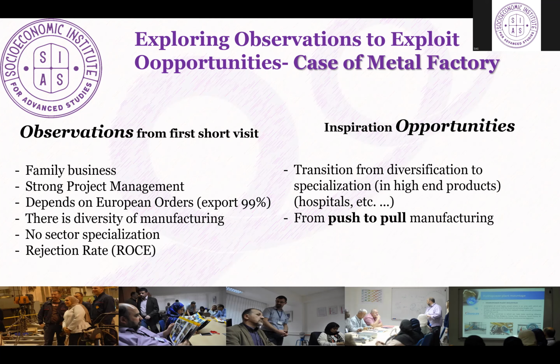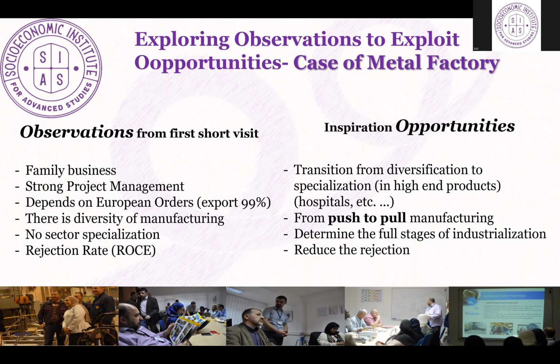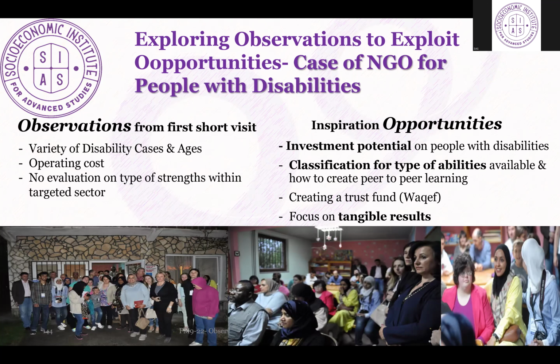This is the opportunity, which means they also need higher end products, for example products relevant to hospitals. They should move from push thinking to pull manufacturing, based on customized requirements. Then they should determine the full stage of industrialization and reduce the rejection rate to the minimum.